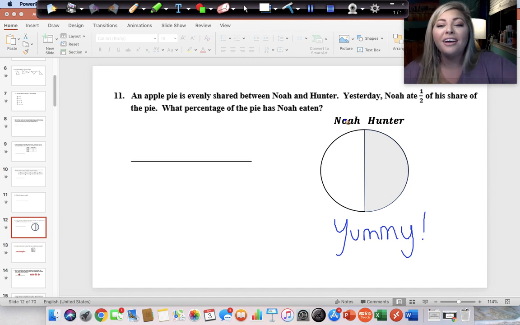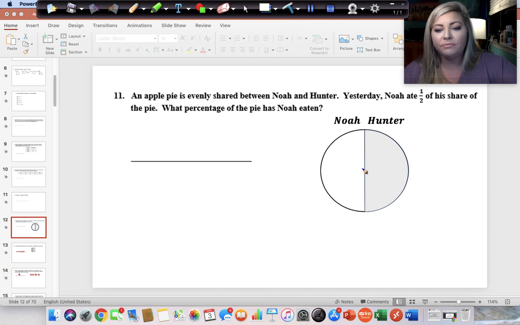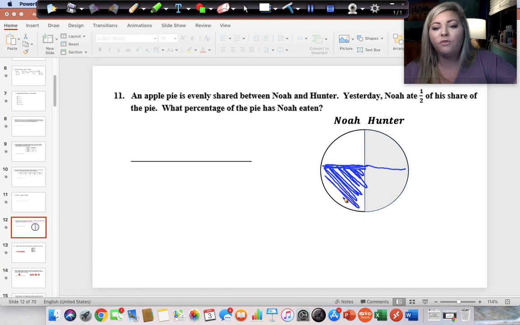So, Noah had half of his share. So this is all Noah's share over here on the side, right? But he didn't eat the whole thing of his share. He ate half of his share. And notice that if we cut half of Hunter's as well, there are 4 pieces here. So if Noah ate half of his, he ate 1 out of these 4 pieces.